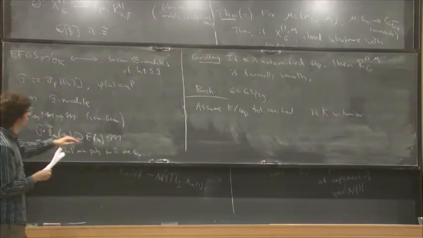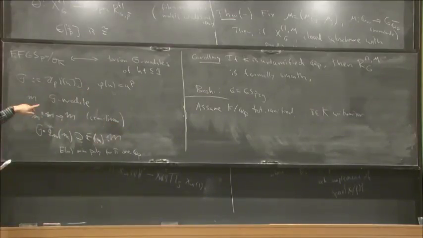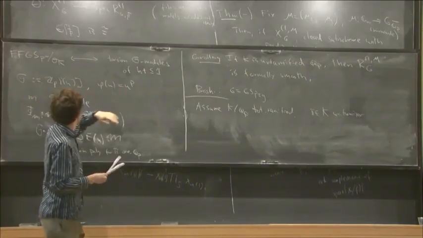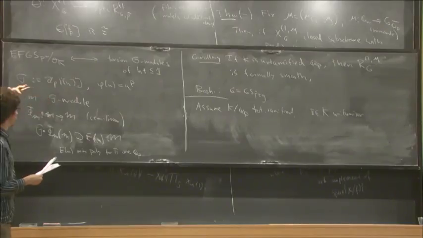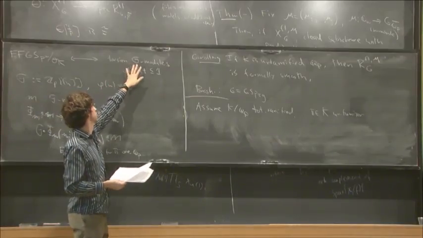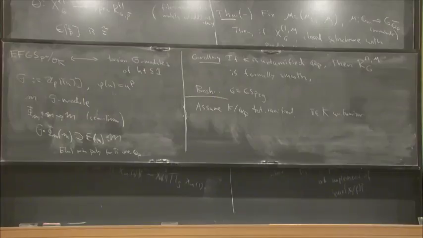It's a little more subtle: it's killed by a power of p, but you also want it to be u-torsion free as well. So there's some slight subtle condition, but killed by a power of p, that's what we mean by torsion.